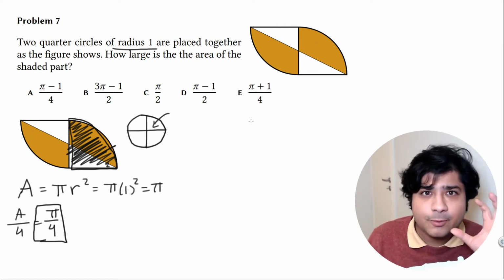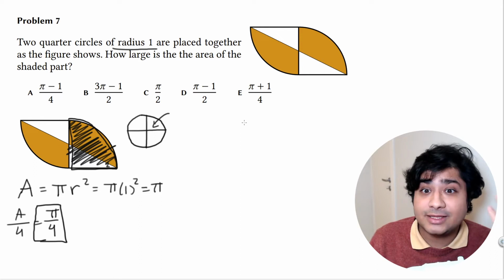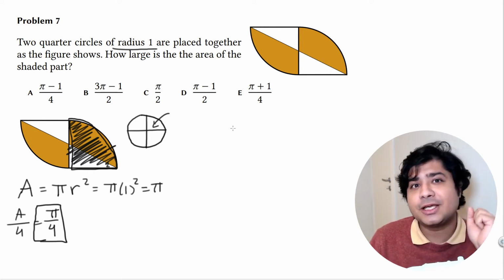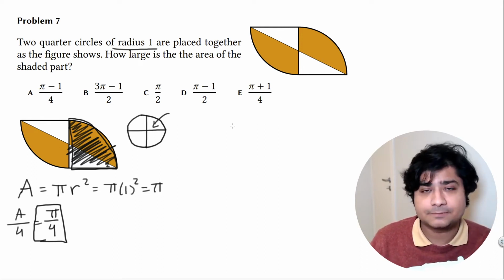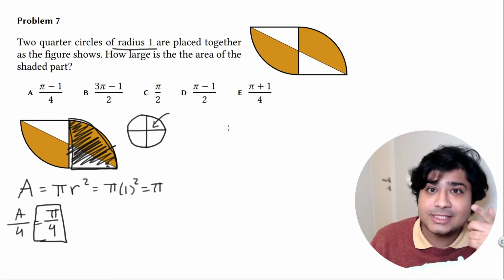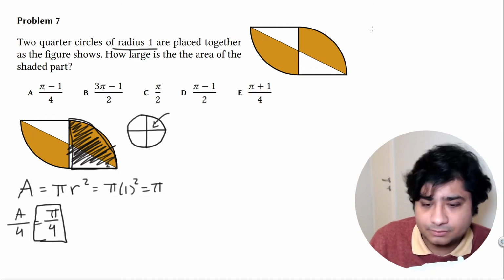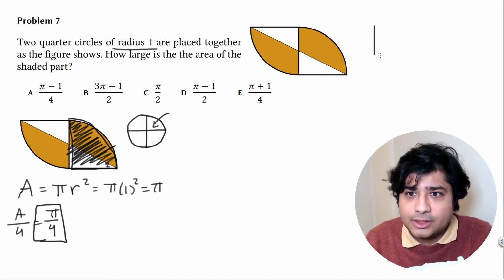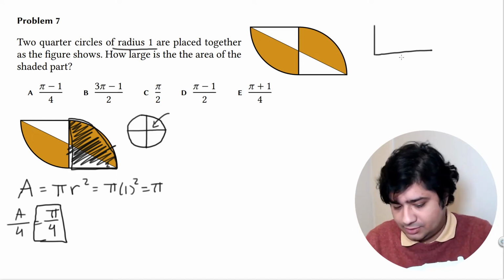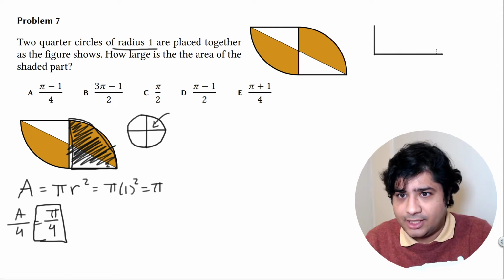So what if we figured out the area of the triangles and took it away from the total area? Looks like something we can do here. So let's think about one of these triangles. You got this one, and then of course a diagonal line like this.